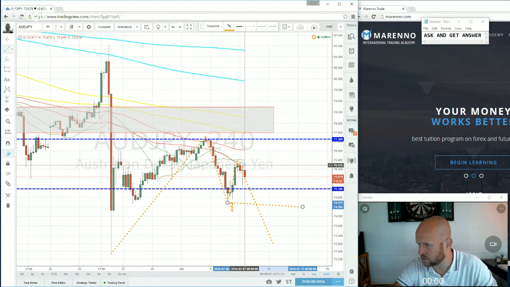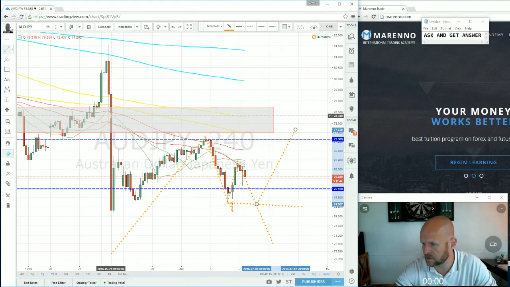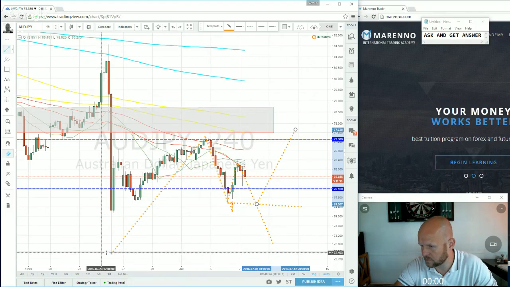All right, so to go up, it must be here. Then it's like the fractality of the waves in the market. To go further down below this level, I guess something like this is possible.